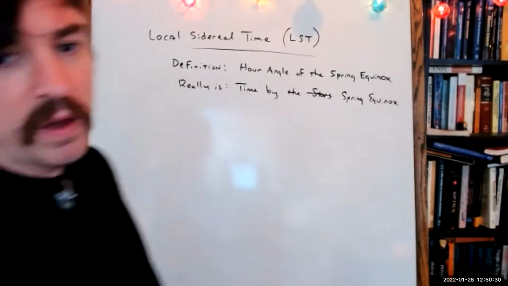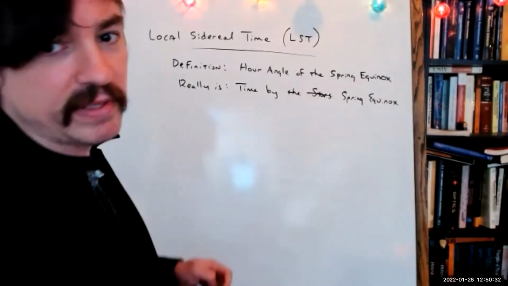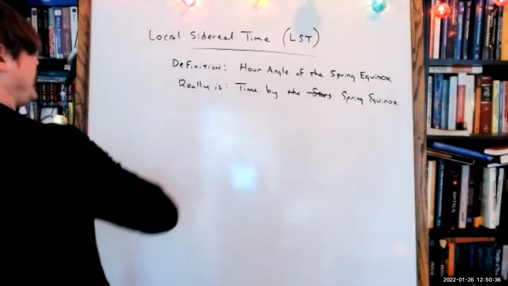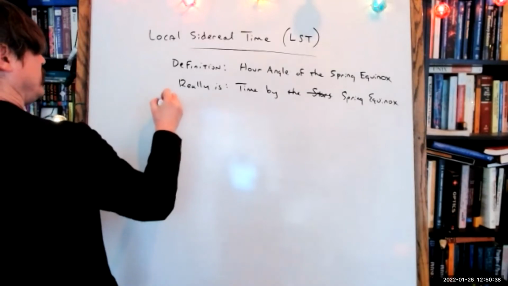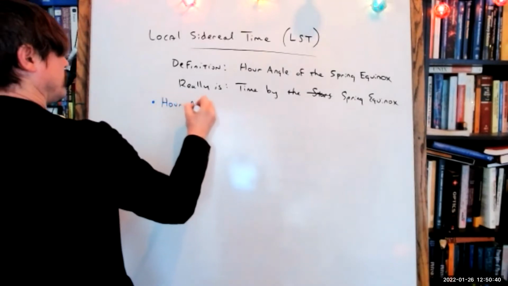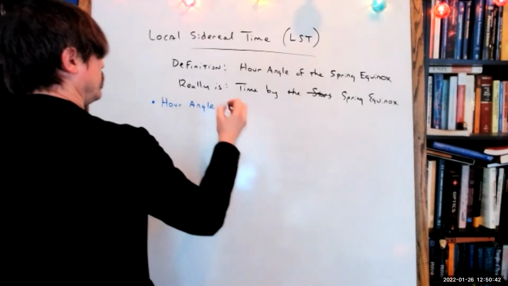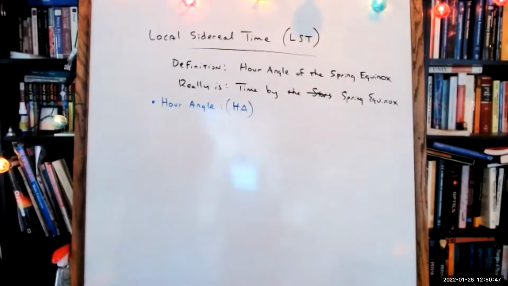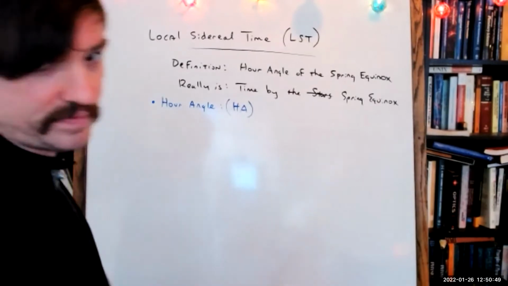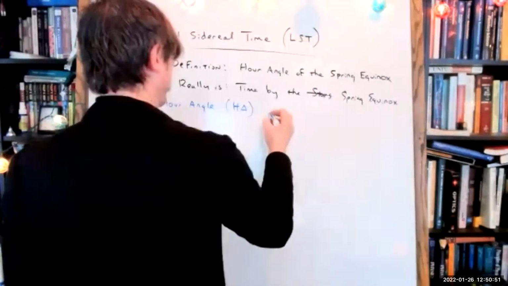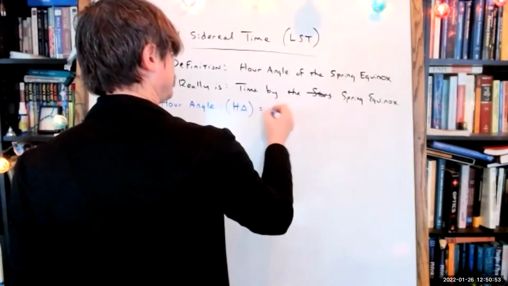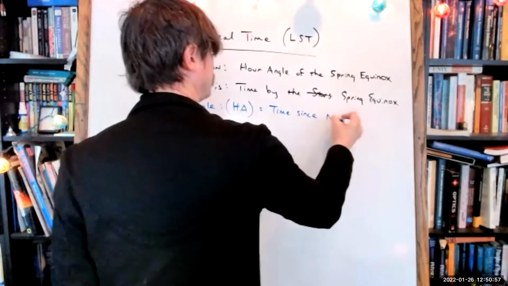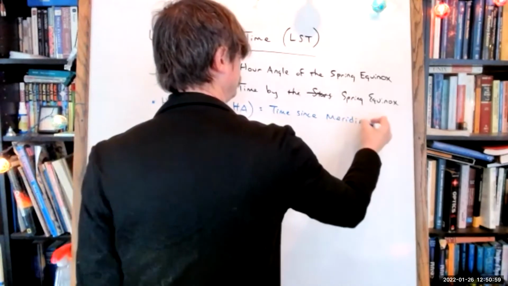Okay, I need to draw a diagram, but let's also have a few definitions first. I would like to define the term hour angle. Hour angle will be represented by the letters HA. The hour angle is basically the time since the meridian.